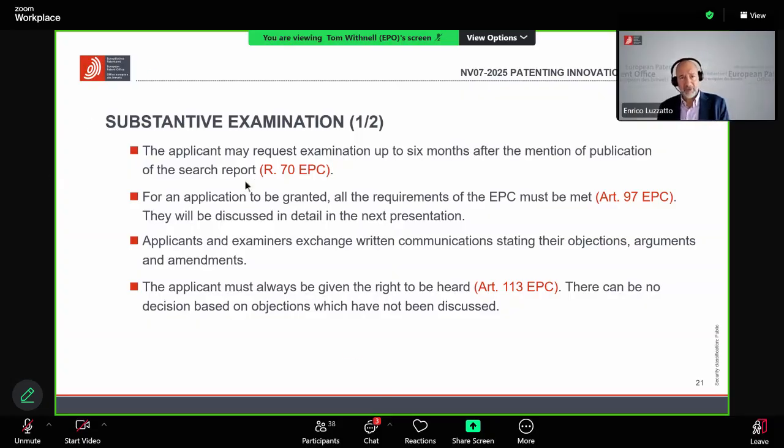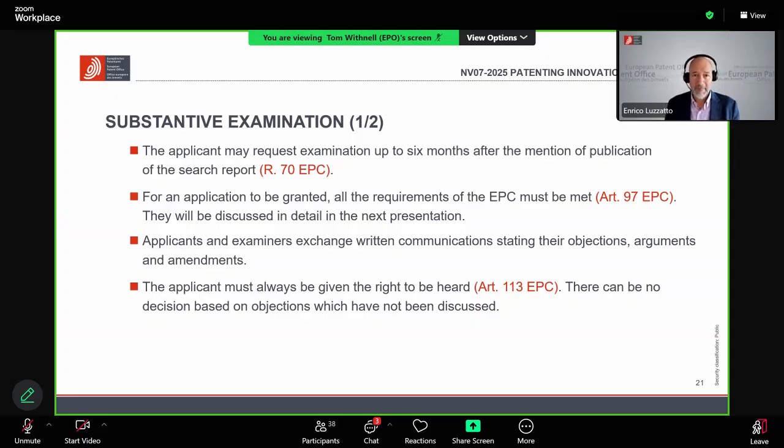During the examination phase, as I already mentioned, there's an exchange between examiners and applicants, except in the rare case where the application is ready for grant as soon as it enters the examination phase, in which case we have what we call a direct grant. Otherwise, examiners and applicants exchange: applicants provide arguments or submit amendments.